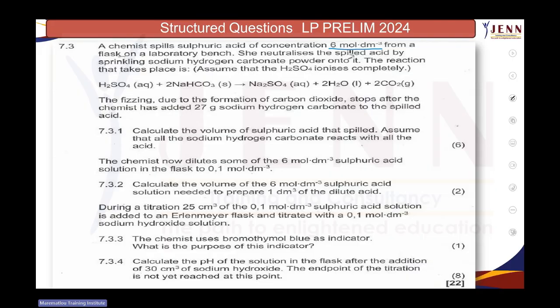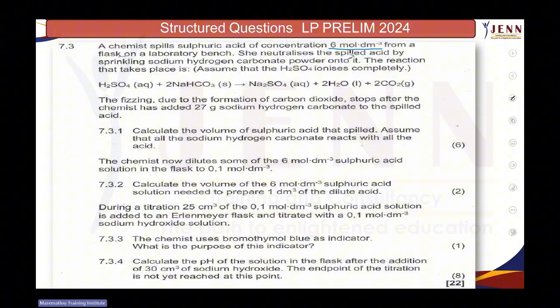The fizzing due to the formation of carbon dioxide stops after the chemist has added 27 grams of sodium hydrogen carbonate to the spilled acid. Then they say calculate the volume of spilled sulfuric acid, assuming that all the sodium hydrogen carbonate reacts with the acid.